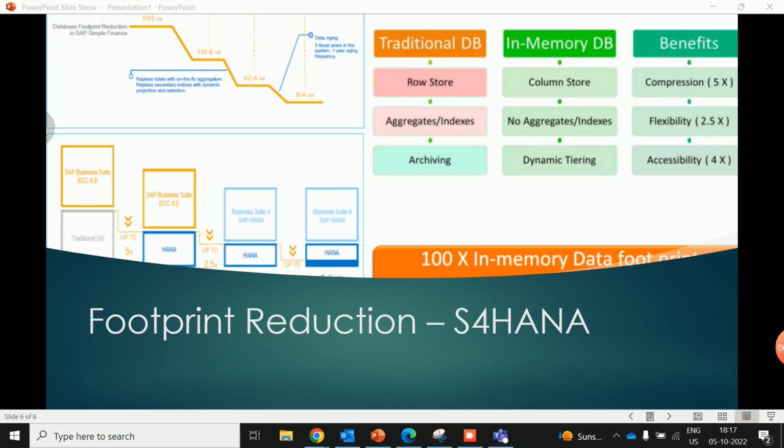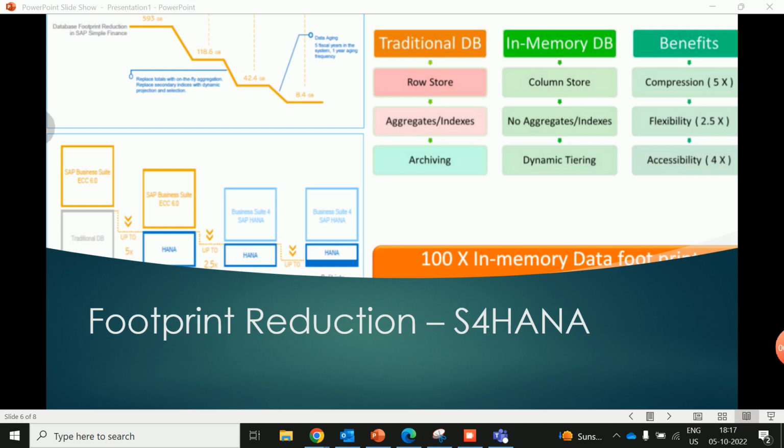Once we have applied tiering, then further data size is reduced to only 8.4 GB. So you can see in traditional database size was 593, and in S4 HANA database size only remaining 8.45 GB.